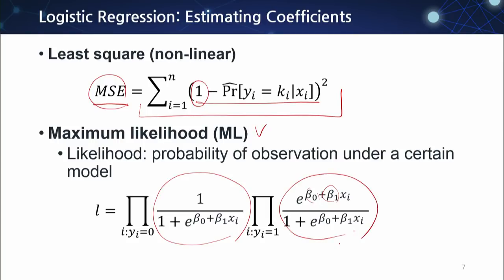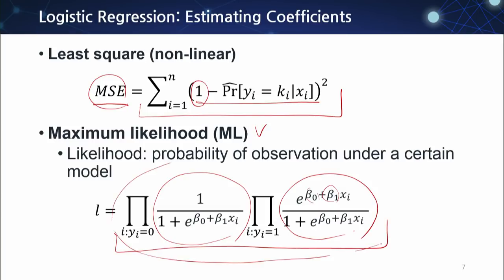Since all samples are considered to be independent and identically distributed, the probability to observe all of the n samples together can be calculated by multiplication of such probabilities. So this whole probability means the probability that we see these observed samples.